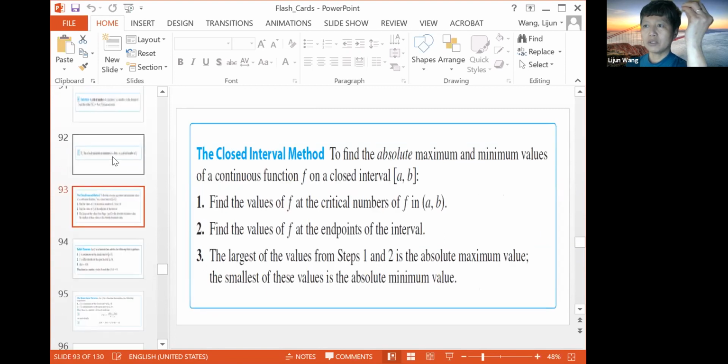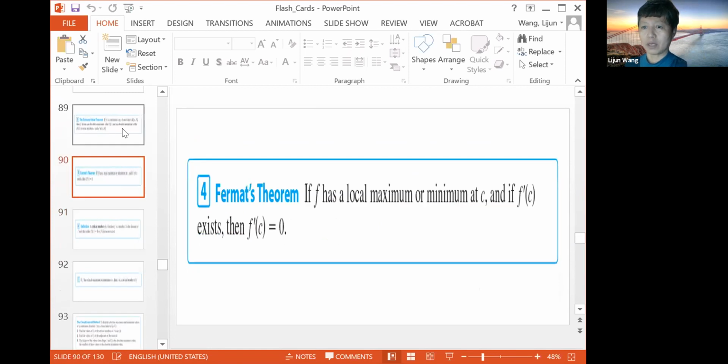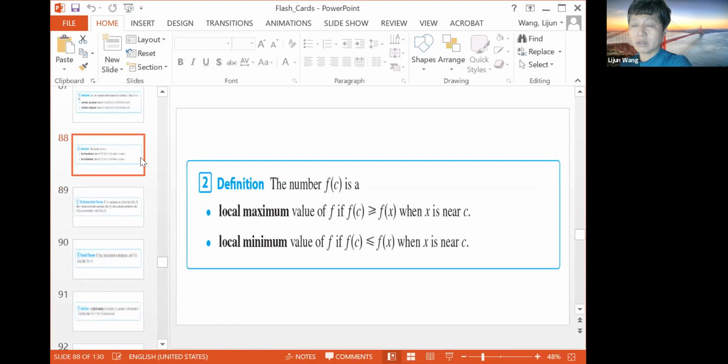On the board, your professor will cover the board with nothing but algebra, because algebra is a tool to do all of these theorems and definitions. Do you guys follow me? So if you are not proficient in algebra, which is what we are doing now in this packet, you're not going to survive it.